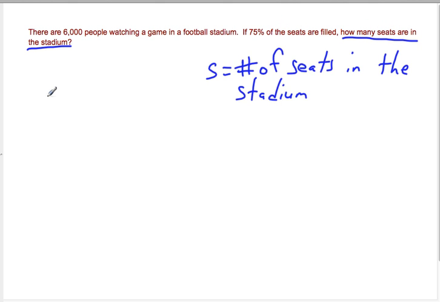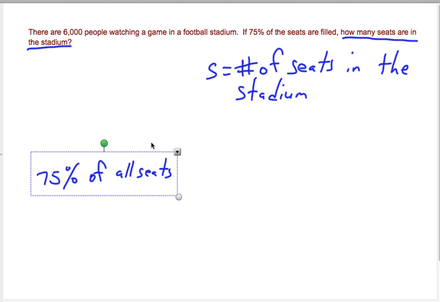So 75% of all the seats would equal 6,000, because it says there are 6,000 people watching a game in a stadium.